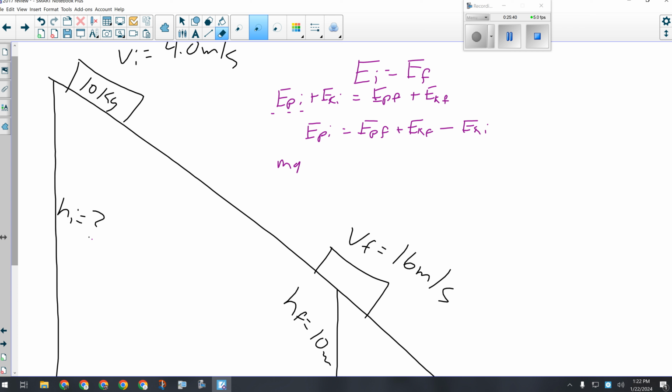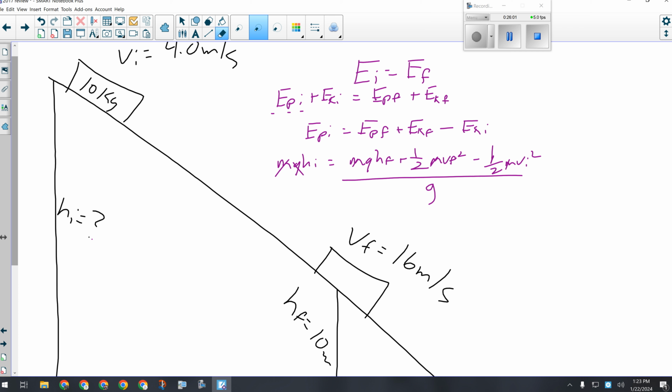So MGHI equals MGHF plus 1/2 MVF squared minus 1/2 MVI squared. The m's are going to cancel even though it was given to us. And then we just divide both sides by G to get HI.